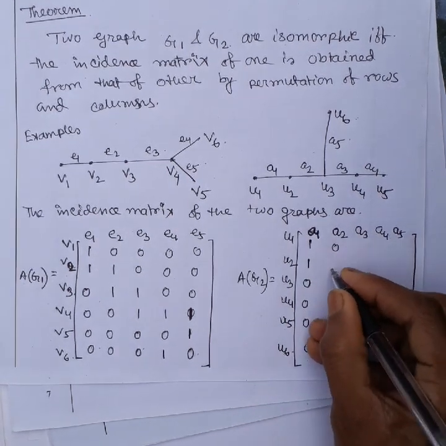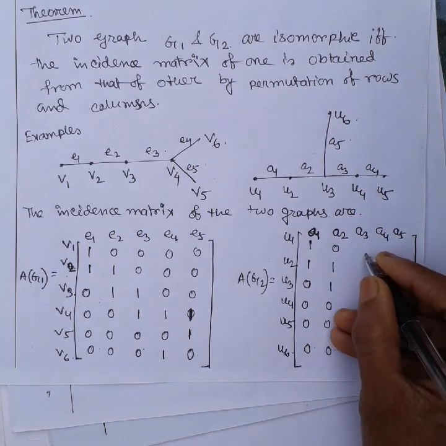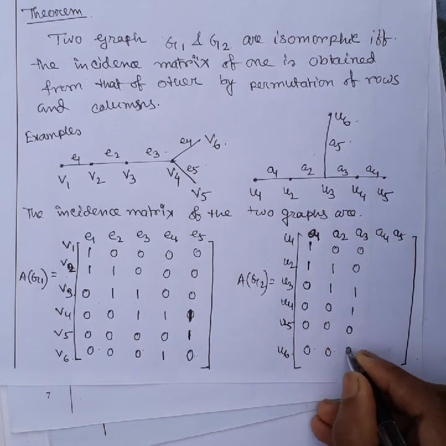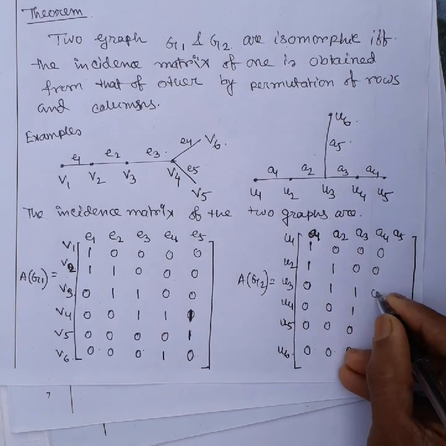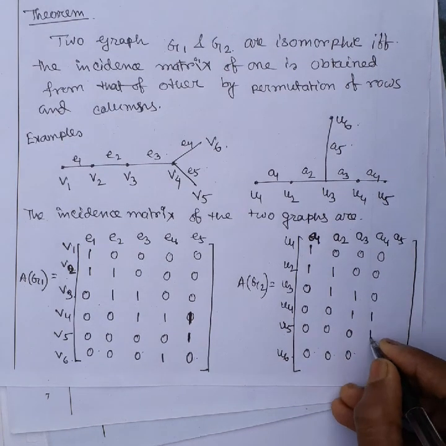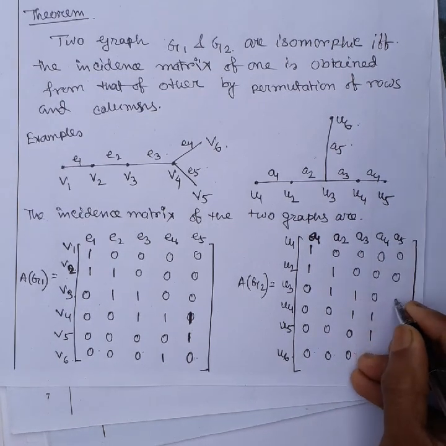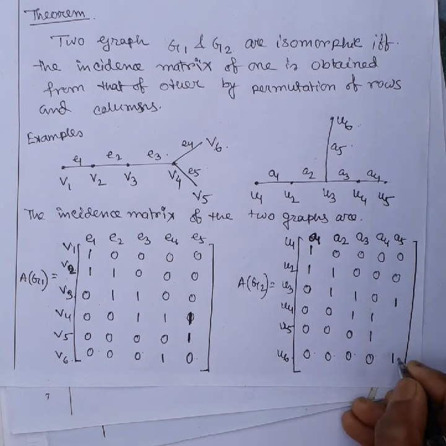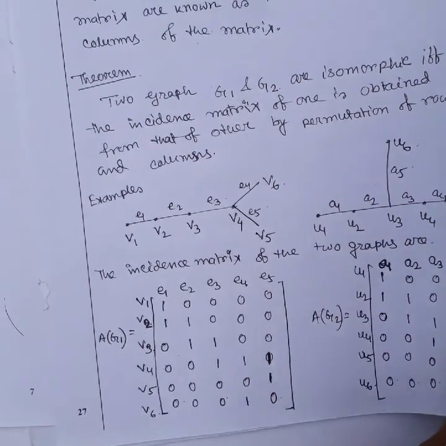A2 is between U2 and U3, others are 0. A3 is between U3 and U4, others are 0. A4 is between U4 and U5, others are 0. A5 between U3 and U6, others are 0. Okay, so these are the two incidence matrices.